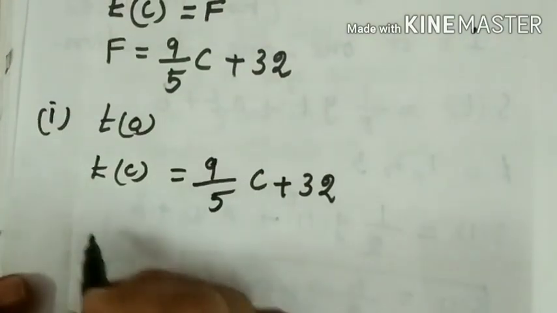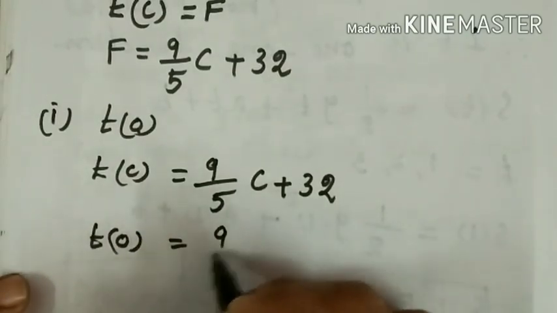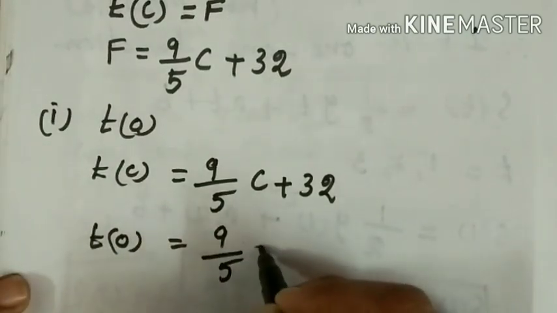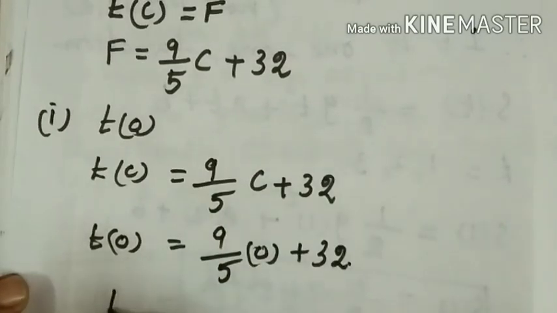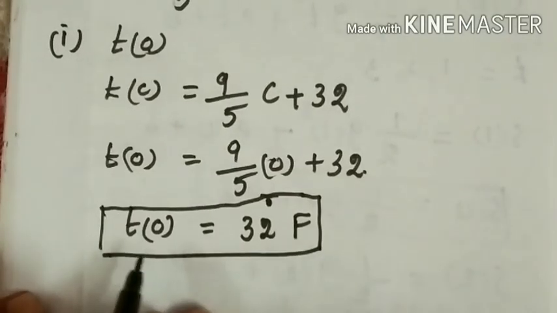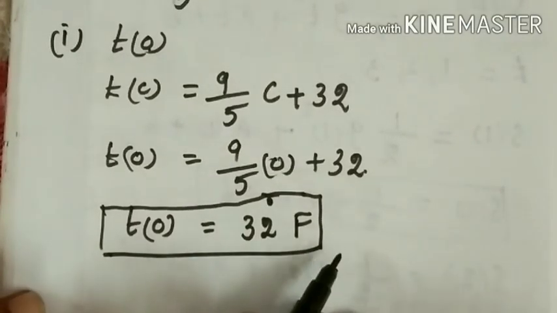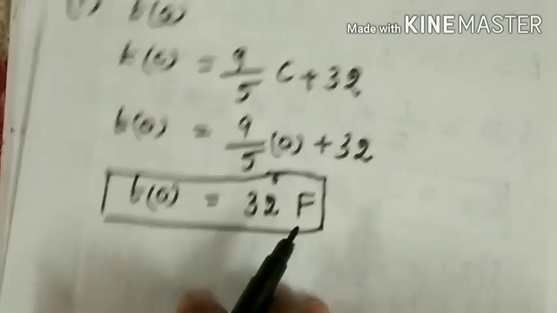Now, you find the value for 0: 9 by 5 into 0 plus 32, that is t of 0 equal to 32 degree Fahrenheit. This is the answer for the first subdivision.